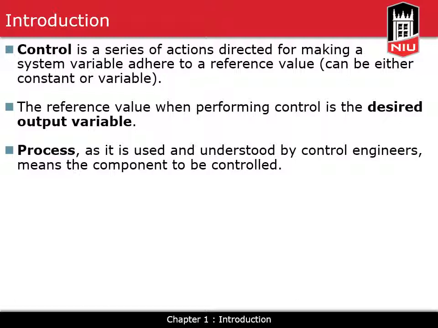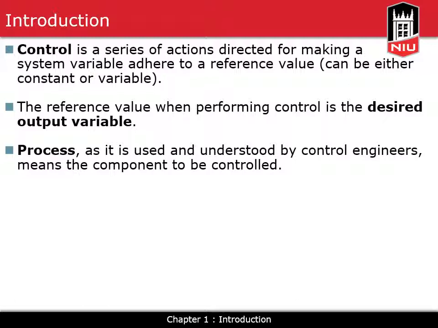The reference value, when performing control, is the desired output variable. You're going to see this reference value or reference input a lot of times during this course. By reference input, we mean the desired value of the output. That is basically the desired value of the variable that we want to control.